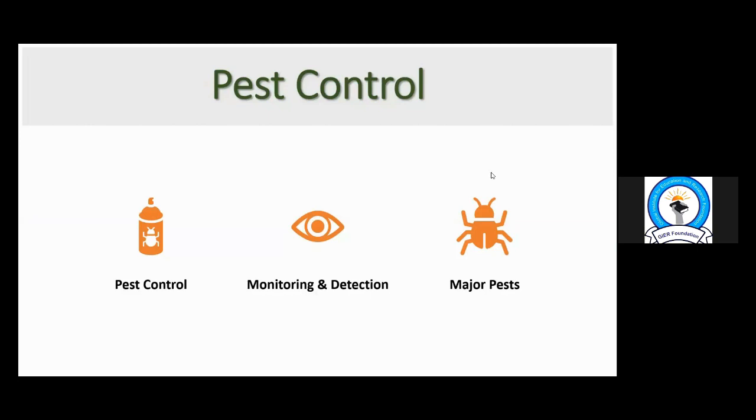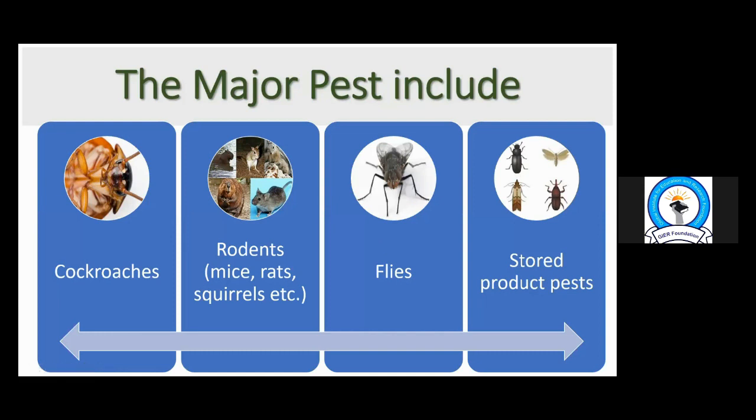Pest control means doing some management, doing something so that pests like flies, mosquitoes, rodent do not enter your shop, right? And if they are there, there has to be pest management. So there are certain major pests like cockroaches, rodent, flies, mosquitoes, spiders, lizards.